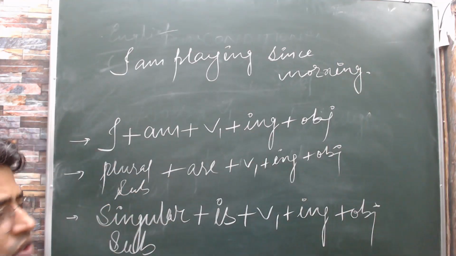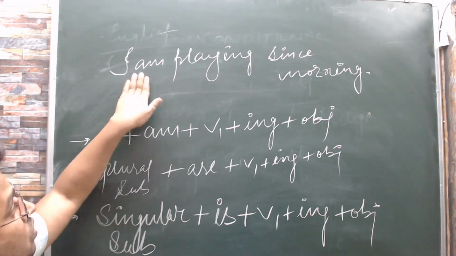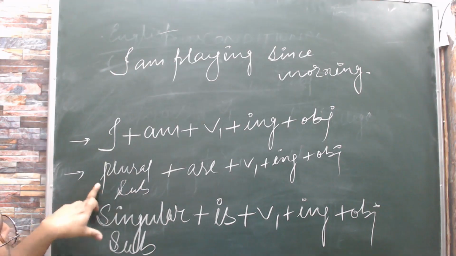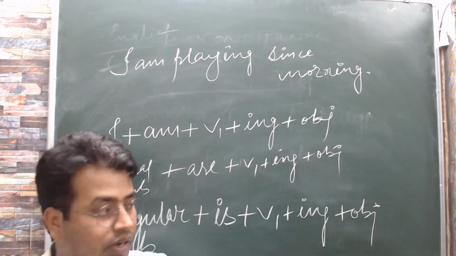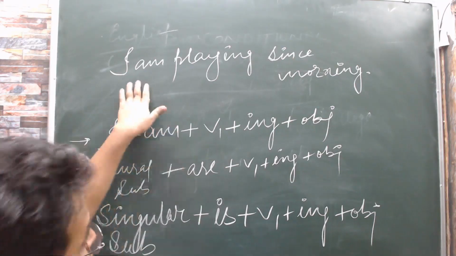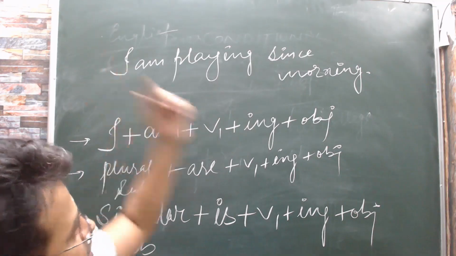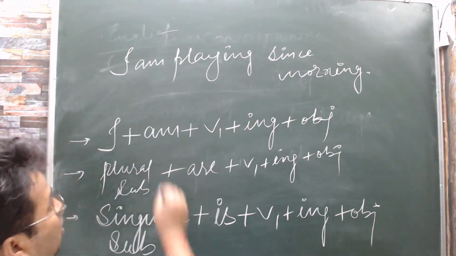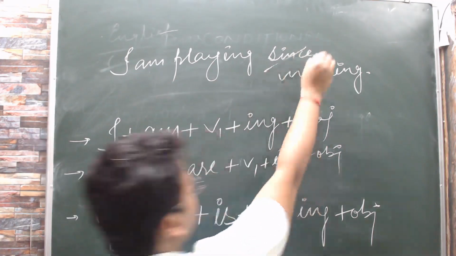So this is a wrong sentence structure, because with I, or any singular subject, we never use since or for here. It seems like a right sentence, like I am playing since morning, but this one is wrong, because with the present continuous tense you can't use since.